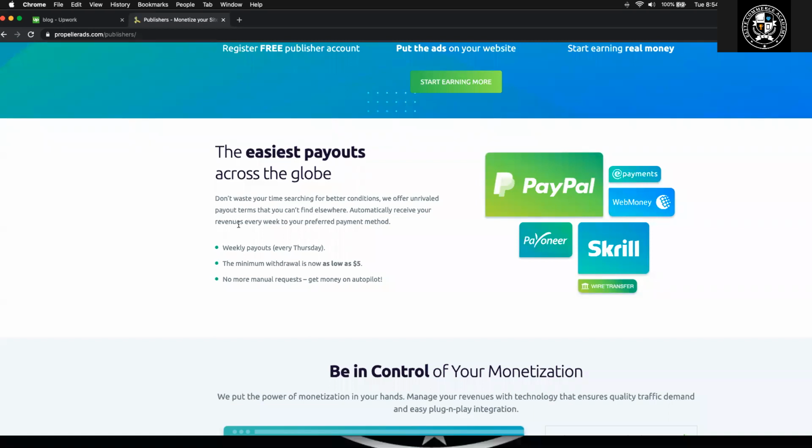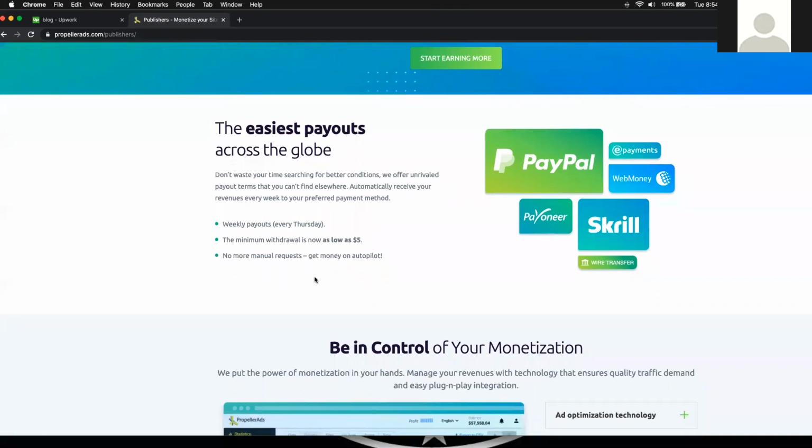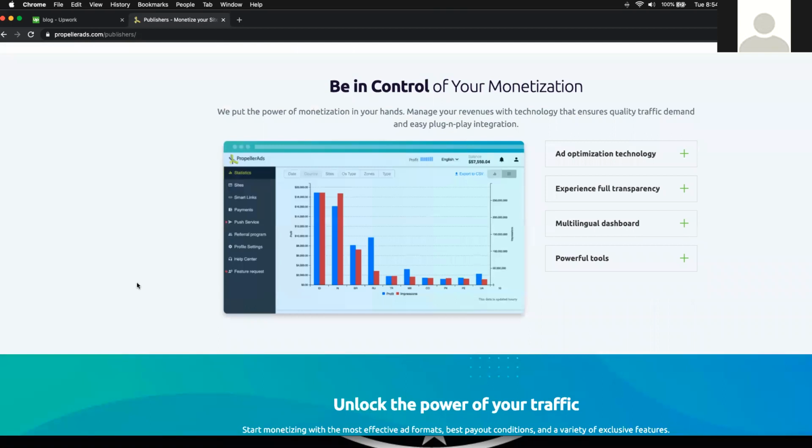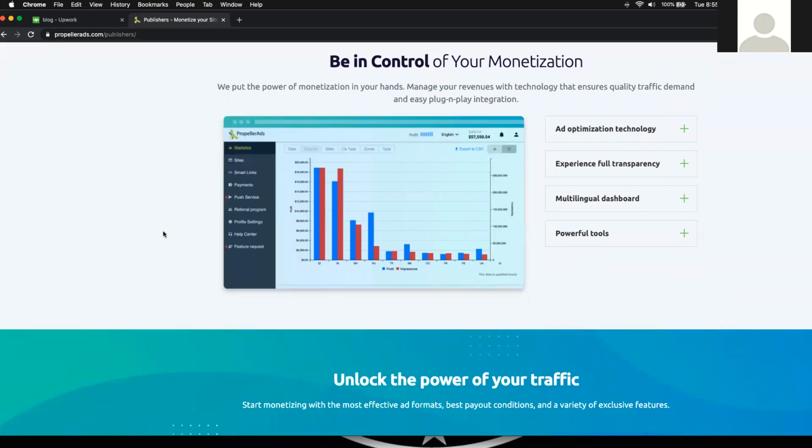But yeah, the ads, I think they show specific ads to what that user has been looking for online.